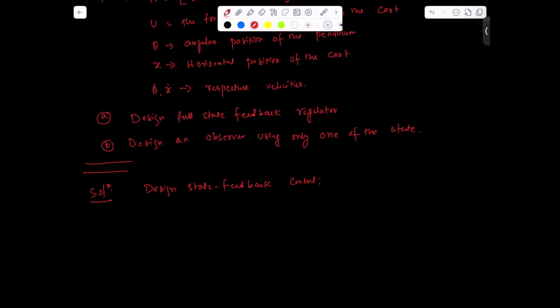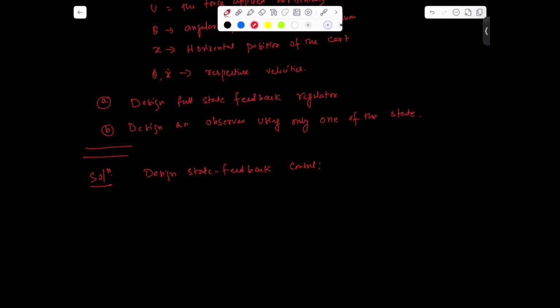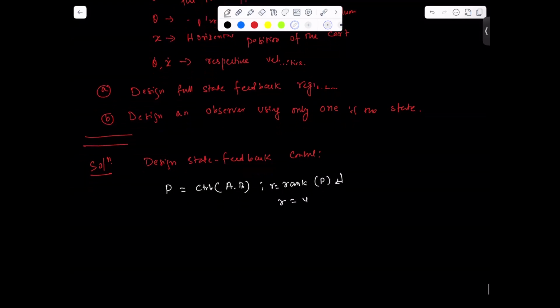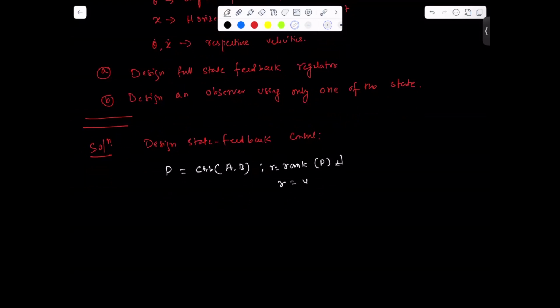The first step is to find the P matrix, which we need to test the controllability of the system. We can directly use ctrb(A, B) and then find the rank of P. If we enter this, we get rank equal to 4.